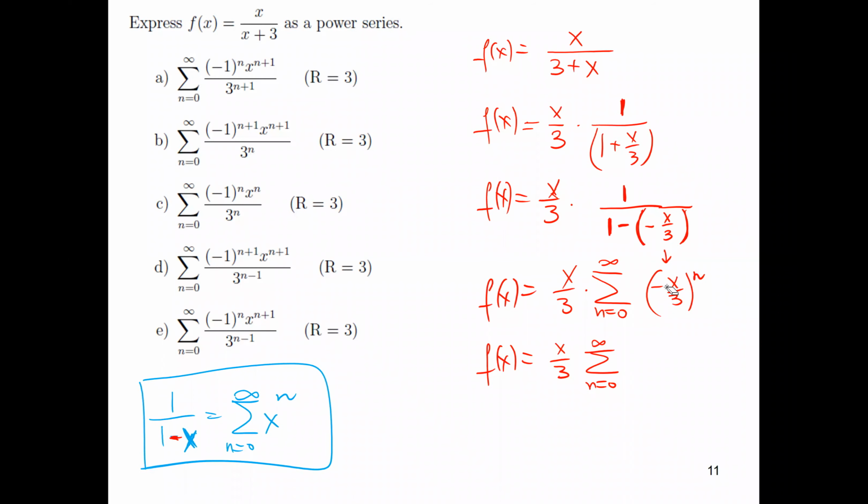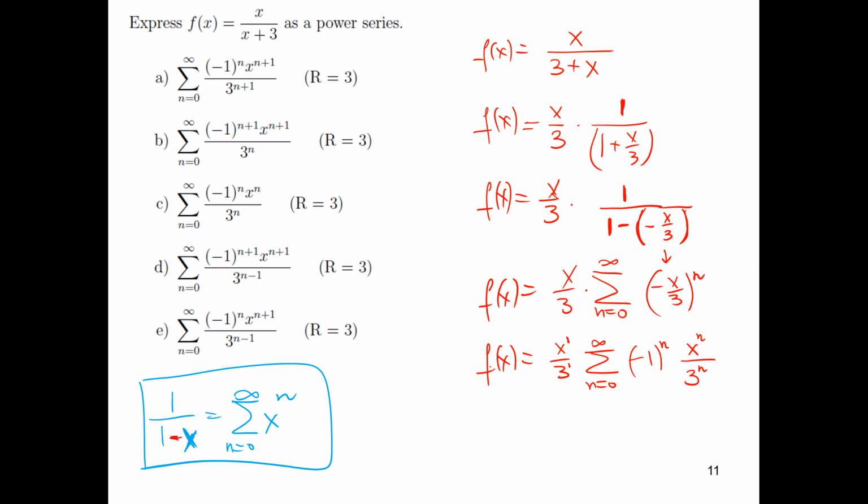Okay, what we have is negative x over 3 to the power of n. We have -1 to the power of n, we have x to the power of n, and we have 3 to the power of n. Right? Now, in front of the sigma, I shouldn't leave any formulas. This is x to the power of 1, this is 3 to the power of 1.